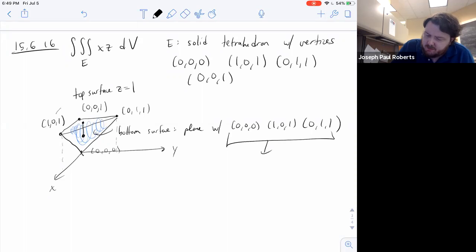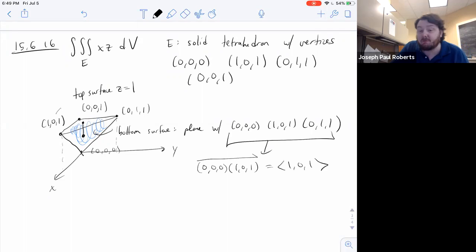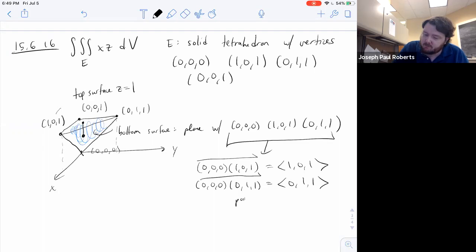Well, we know that the displacement vector from the origin to 1, 0, 1, which is just the vector 1, 0, 1, and from the origin to 0, 1, 1, are along the plane that we're looking for.